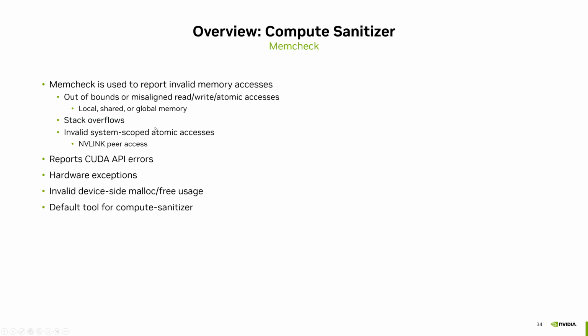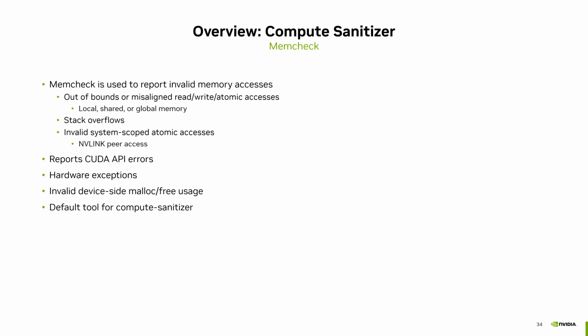All right, so back to Compute Sanitizer. The first tool that I'll talk about is MemCheck. MemCheck is used to report invalid memory accesses, things like out of bounds or misaligned read-write atomic accesses, and this can be of local, shared, or global memory. Stack overflows, invalid system scope atomic accesses.